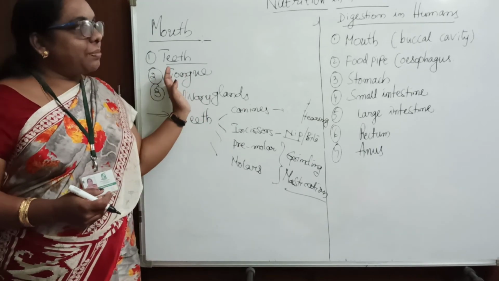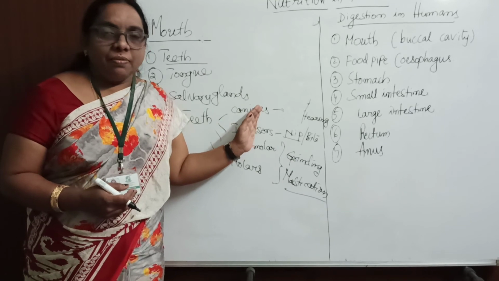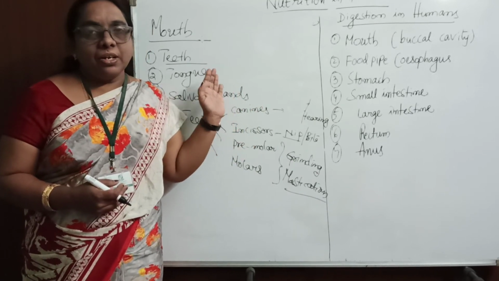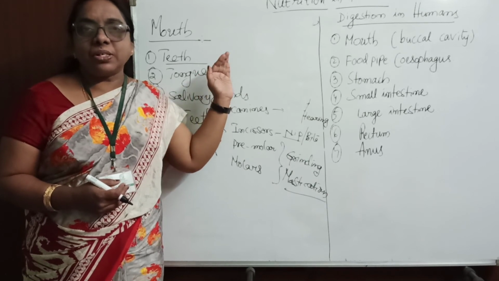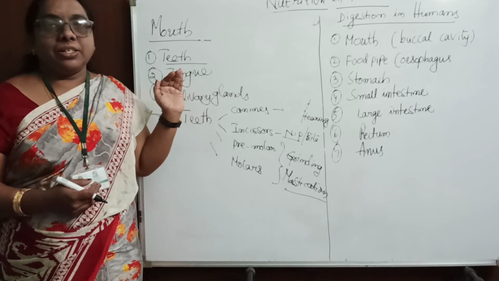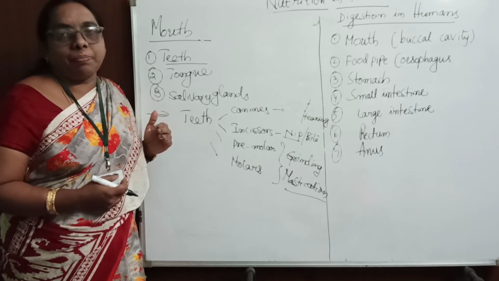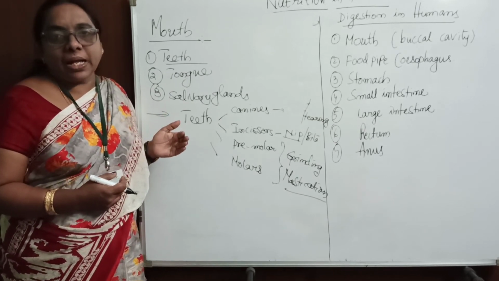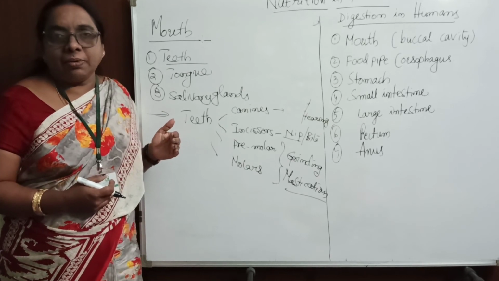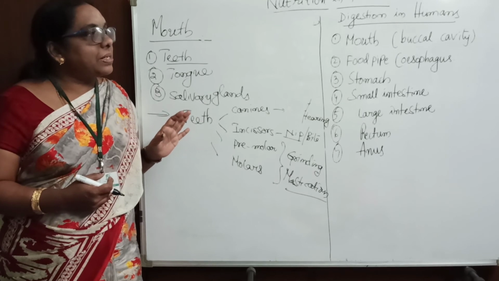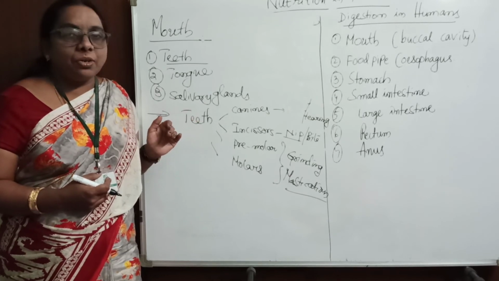Children, let me briefly go over what I explained today. First, we studied the definition of digestion: conversion of complex food into simple food is called digestion. Next, I explained the different ways of food intake in different animals. Then I started on how digestion occurs in a human being.